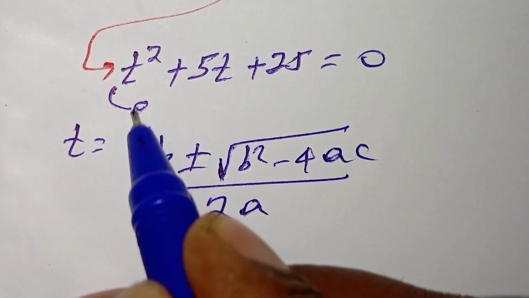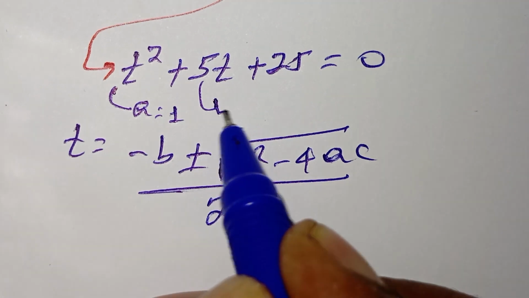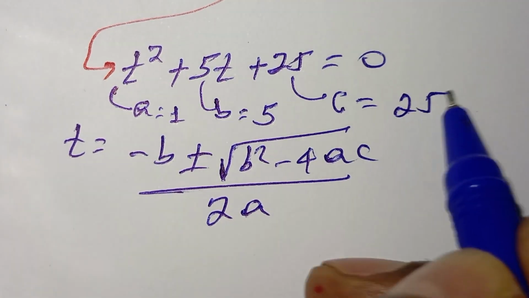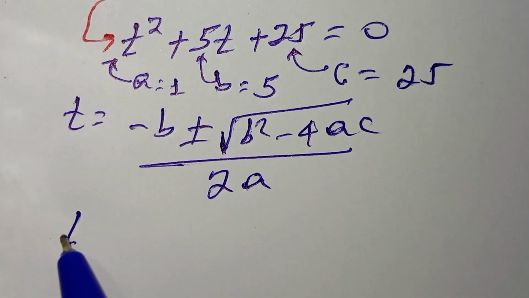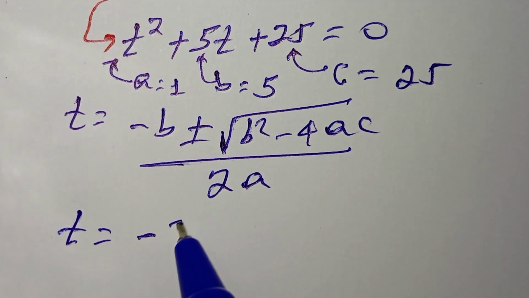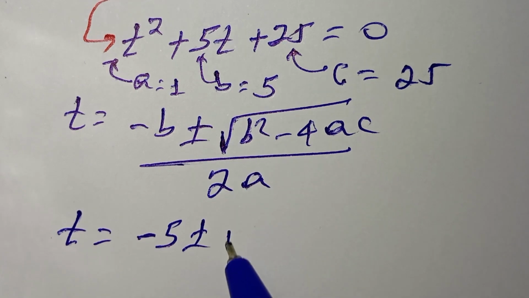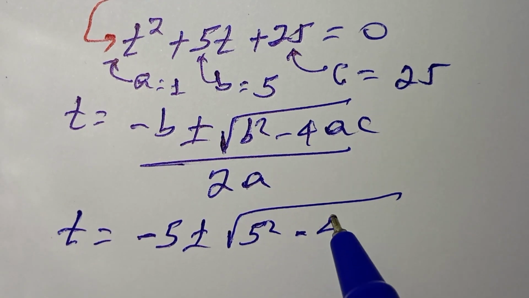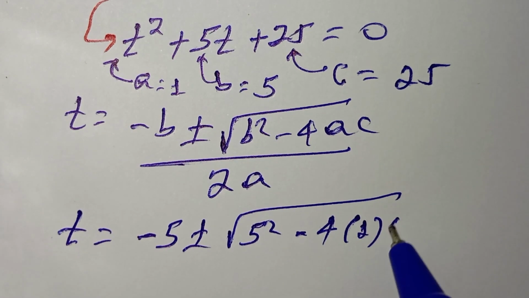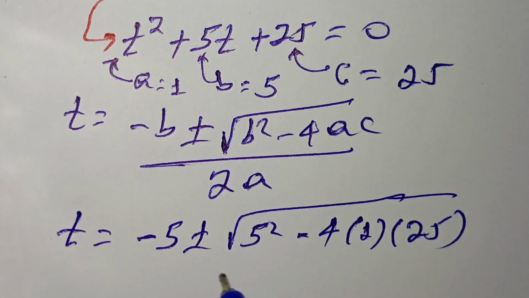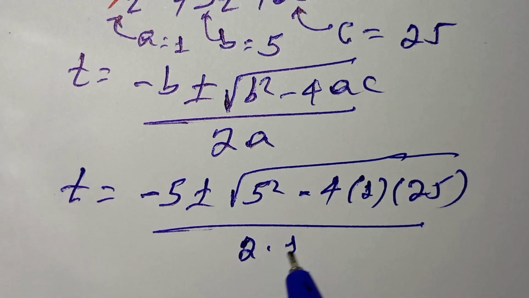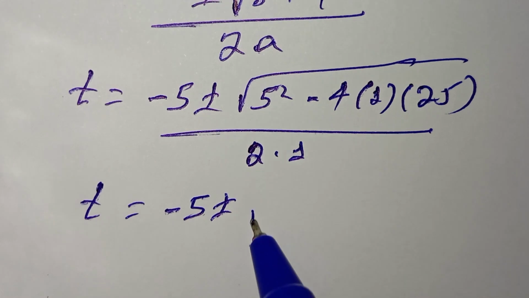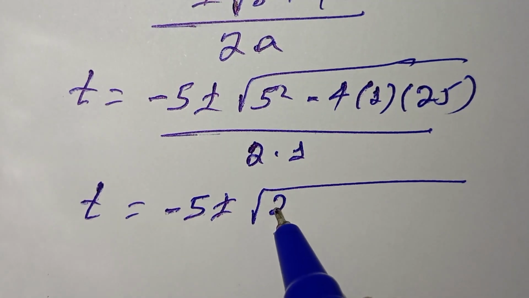Now this a is equal to 1 and b is equal to 5 and c is equal to 25, and this t is equal to minus 5 plus or minus under radical 5 square minus 4, a is 1 and c is 25, over 2 times 1.